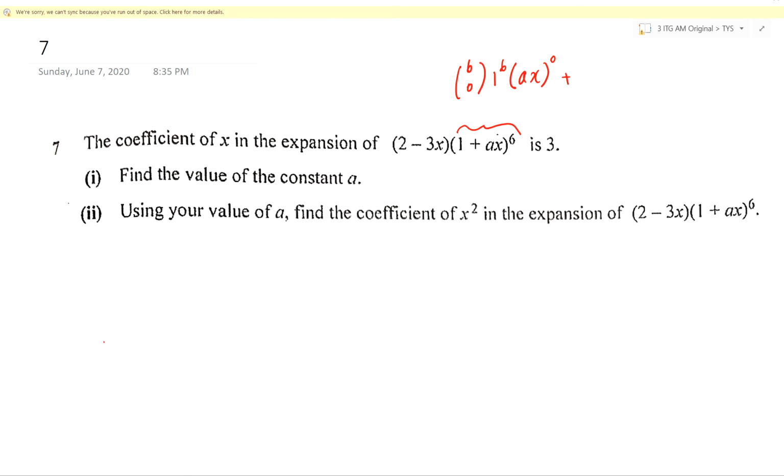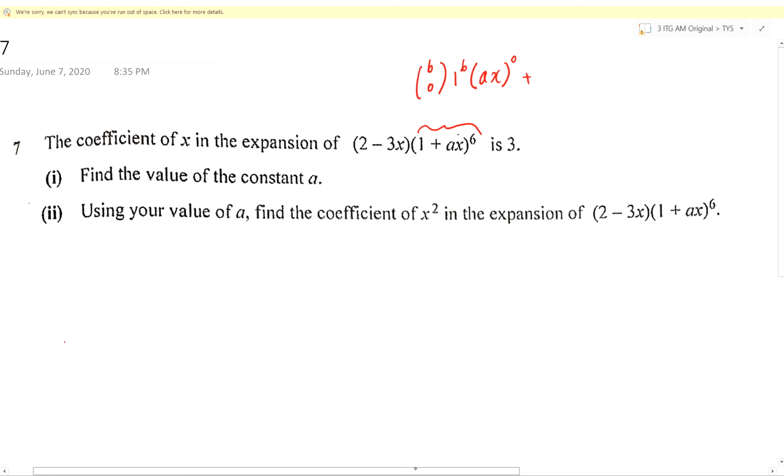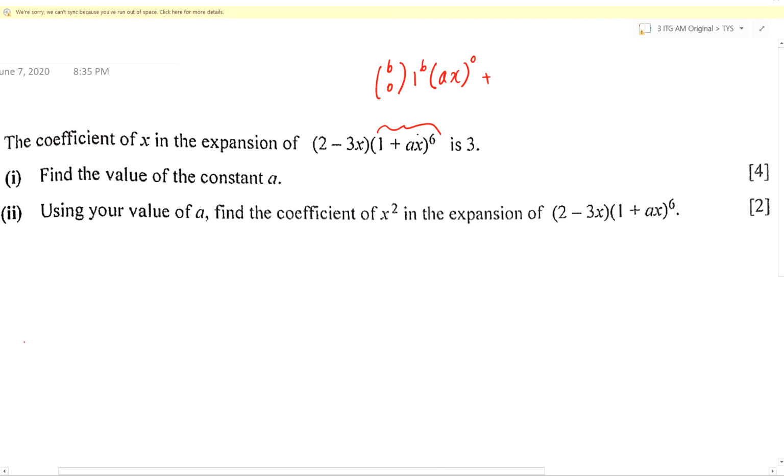So can I just write the first line, T r plus 1 equals this? Can. T r plus 1 is fine. So the next term, 6 choose 1, 1 power 5, ax power 1, plus 6 choose 2, 1 power 4, ax power 2, plus so on and so forth.